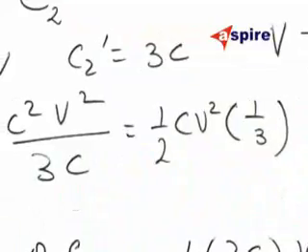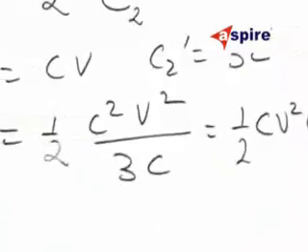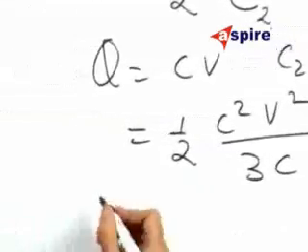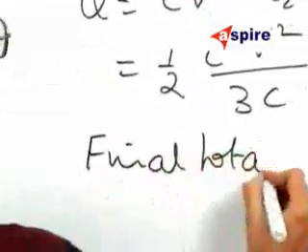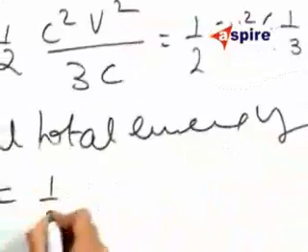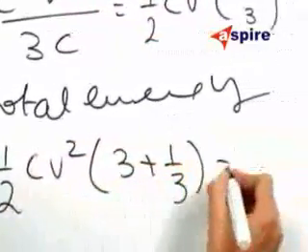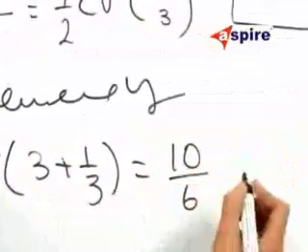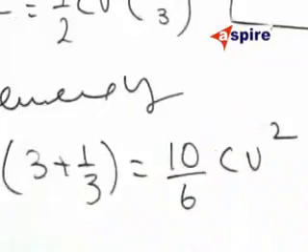Add these two. So the final total energy after opening the switch is half CV square into 3 plus 1 by 3, equal to 10 by 6 CV square. So what is the ratio we want?